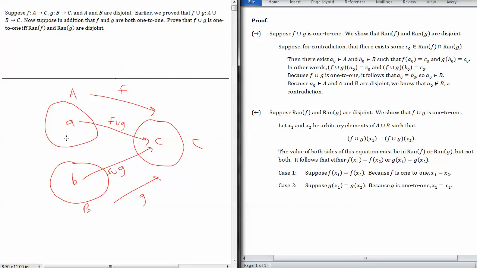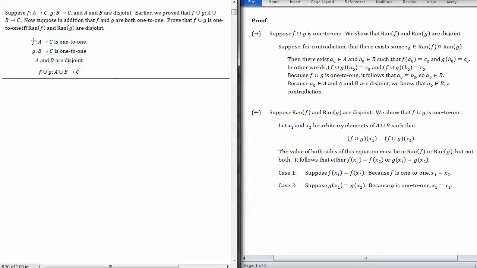Okay, and because we're assuming that f union g is one-to-one, that tells us that actually a is equal to b. That's a big equal sign. All right, but that's a contradiction, right? Because we're assuming that A and B are disjoint sets, and here we supposedly have an element that's in both. Okay, so let's work out that direction of the proof, and then we'll come back and draw another picture for the other direction.